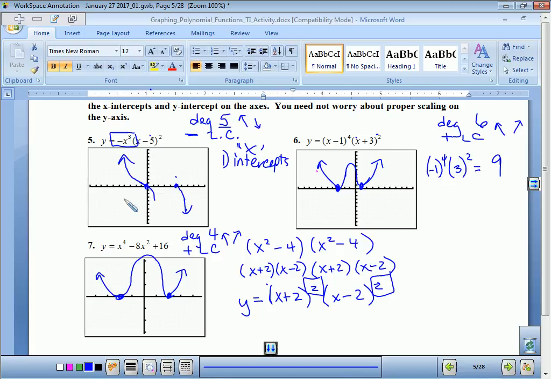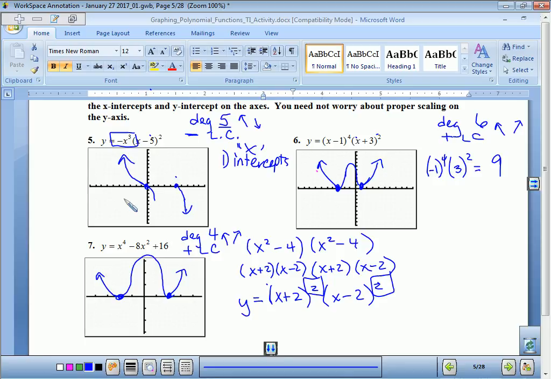If you look at the left side, it's concave up. If you look at the right side, it is concave down. So if a factor is raised to an odd power greater than 1, that means it has odd multiplicity of that root. It passes through, but it passes through with an inflection.